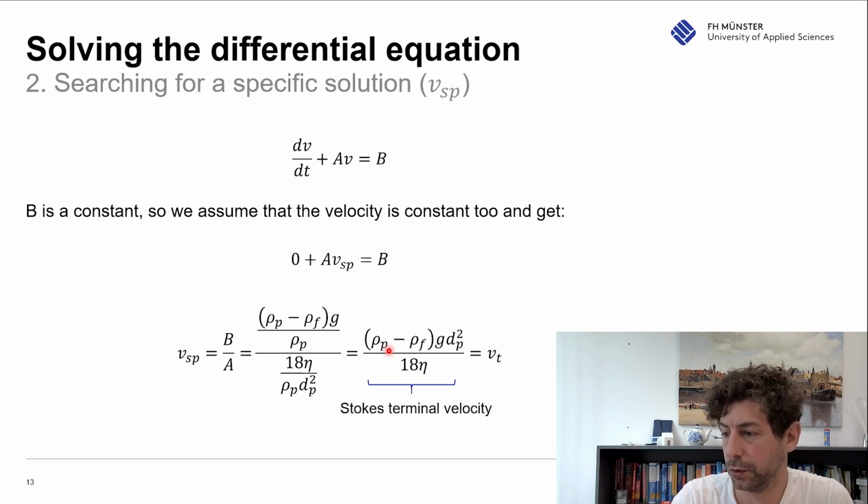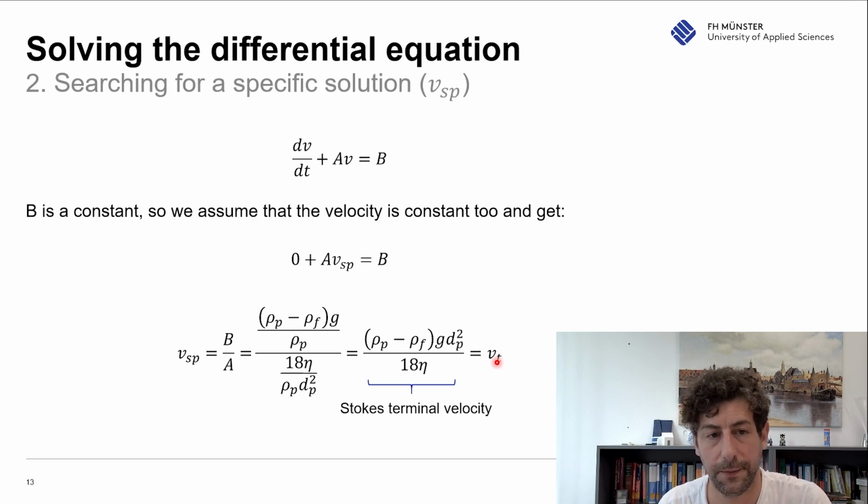Because this is what we assumed all the time before. Velocity is constant, then we use this equation. So we can say the specific solution is the terminal velocity.